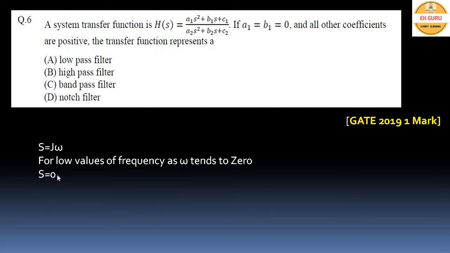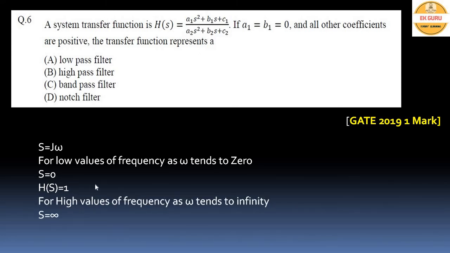Substituting S is equal to 0 in H of S, the terms containing S become 0, so H of S is equal to C1 by C2. That means it is a constant value that we will take as 1.